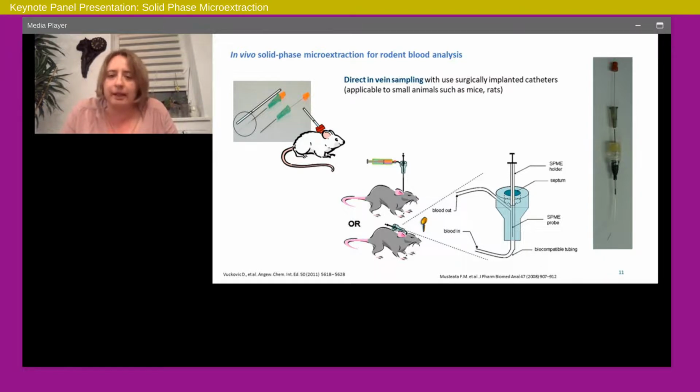So you can basically insert the fiber to this interface, and you can also use, for example, syringe or other pump to provide some agitation by using a push-pull type of agitation. And then on the right, you can see that also this type of device can be one way. So again, you can use the push-pull with syringe, for example, to agitate the blood through the device. And then you can sample as it is shown on the picture.